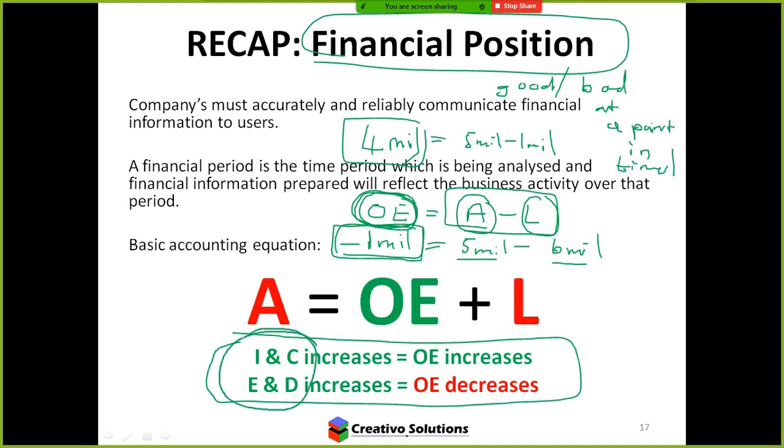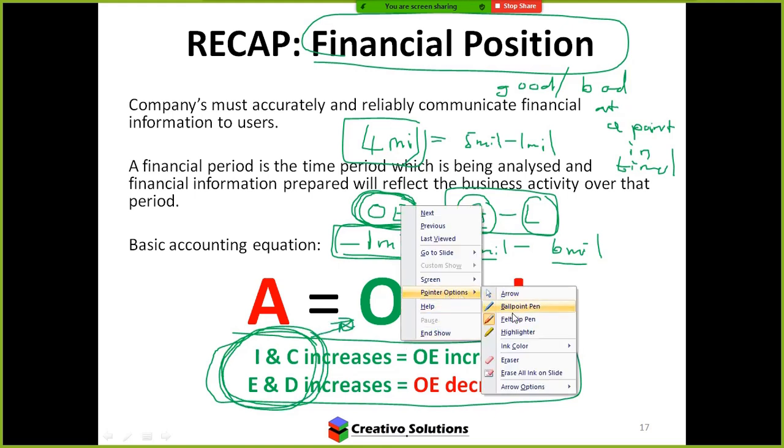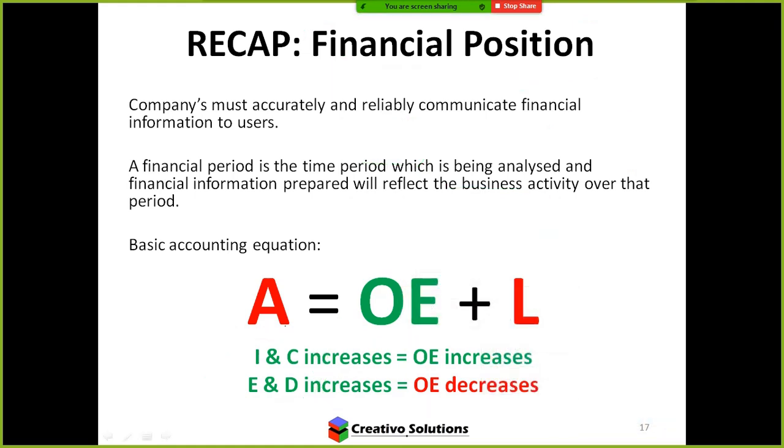Just remember owner's equity can be calculated using assets and liabilities, but also using the income, the capital, the expenses, and the drawings. If you had to draw an equation for that, owner's equity can also equal the capital plus the profit or minus the loss, minus drawings.